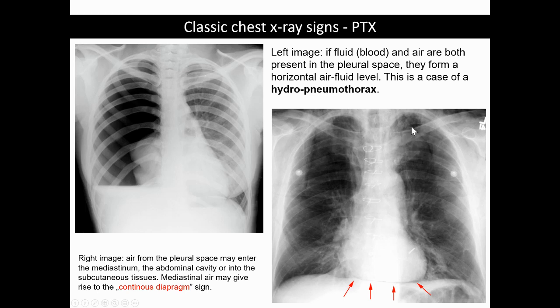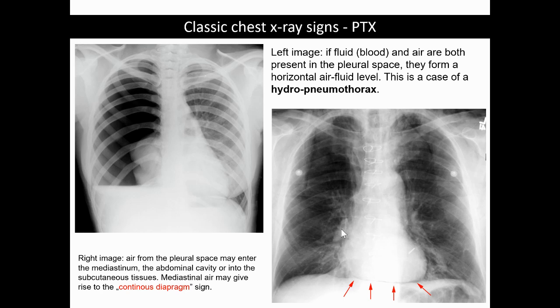But that air had to have come from a pneumothorax, and that air dissected through the mediastinum, and from the mediastinum it went up into the neck area and caused the surgical or subcutaneous emphysema.